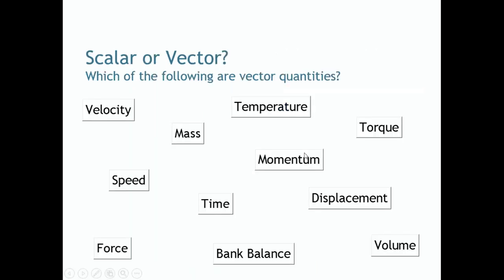Now let's look at the screen. Can you identify which of these is a scalar or a vector quantity from what we've defined earlier? Let me give you 1 minute to refresh your memory. Is velocity a vector or a scalar quantity?